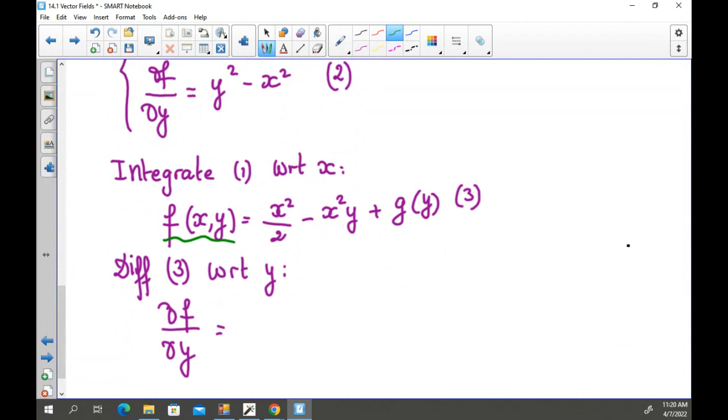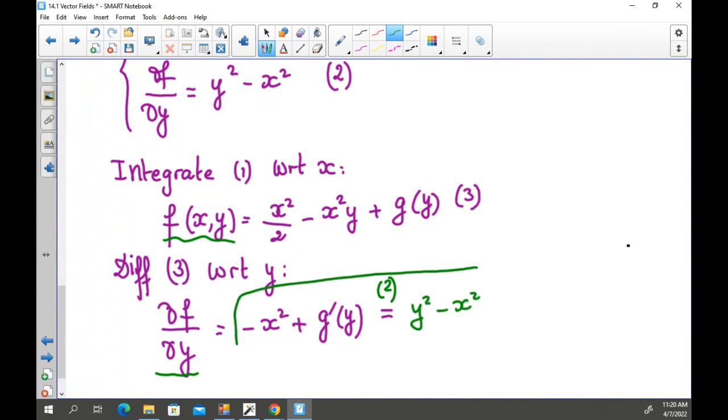The right side, when you differentiate with respect to y, you will get minus x squared plus the derivative of g, so it's g dash with respect to y. And according to equation 2, this df over dy should be equal to y squared minus x squared. And then you look at this equation to find the g.